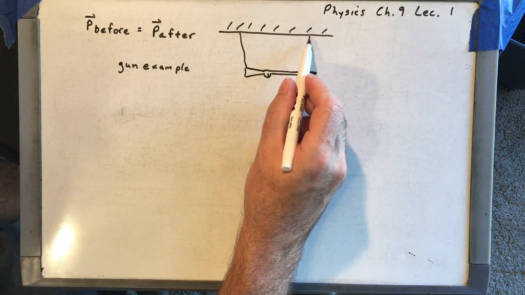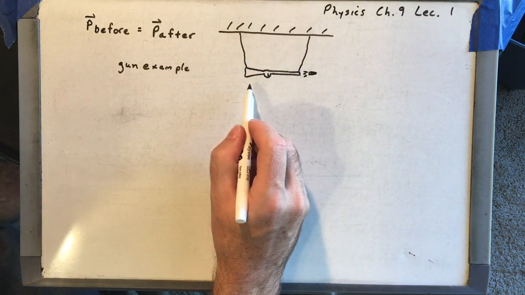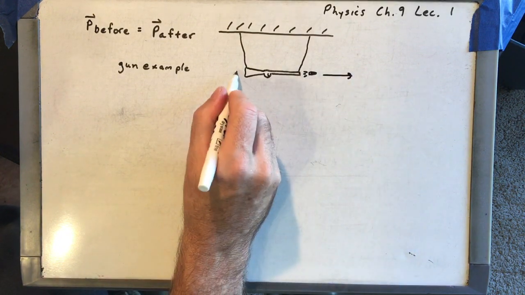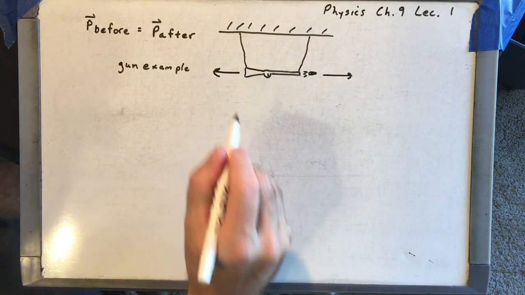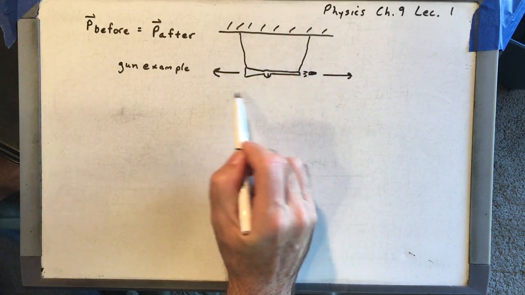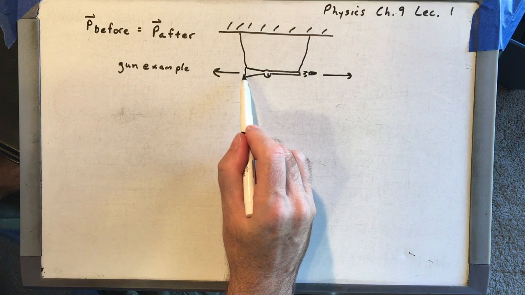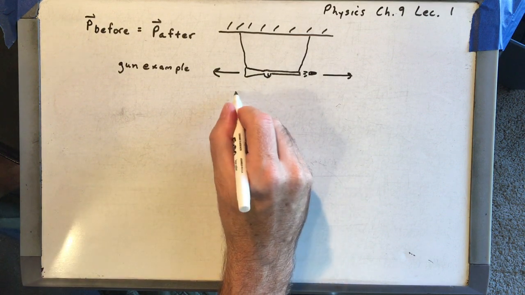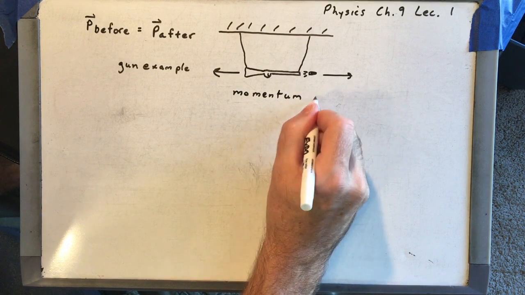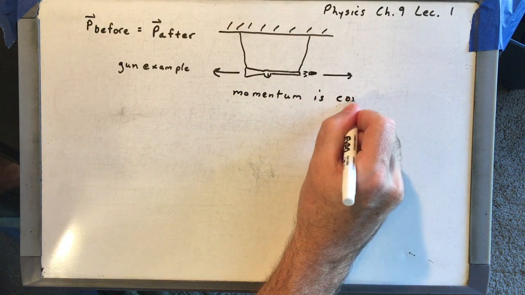In this case, we're suspending it from the ceiling, so the bullet goes to the right, the gun is going to go to the left. There are no external forces acting on this like your shoulder would be. So in this case, momentum is conserved.